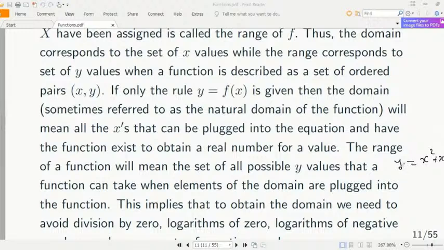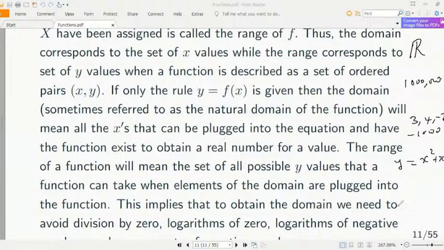That means if I was to plug all the real numbers, plug in 3, plug in 4, plug in -5, plug in -1,000, plug in 1 million, we still have a real number. So that means the domain will be all the real numbers.